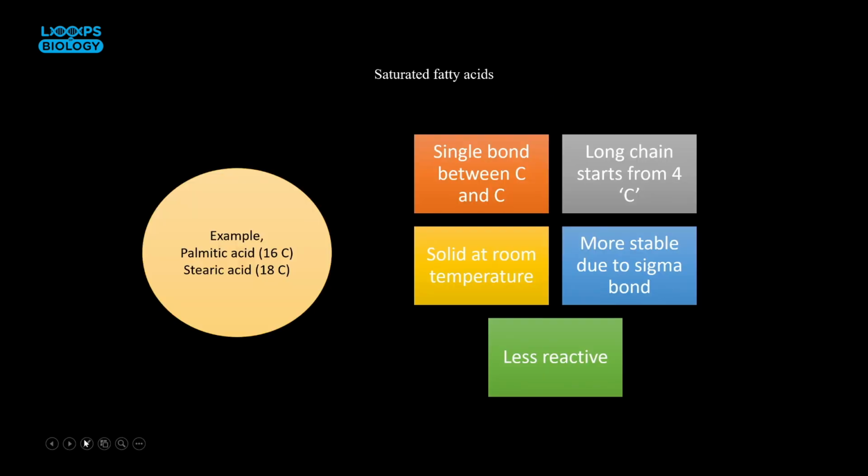So let's move on to the next part, that is saturated fatty acids. Whenever I am talking about saturated, that means there is going to be a presence of single bonds between carbon to carbon. Then the chain starts from 4 carbons and they are solid at room temperature. One of the important points, guys, is that they are solid at room temperature. Now they are the most stable elements.